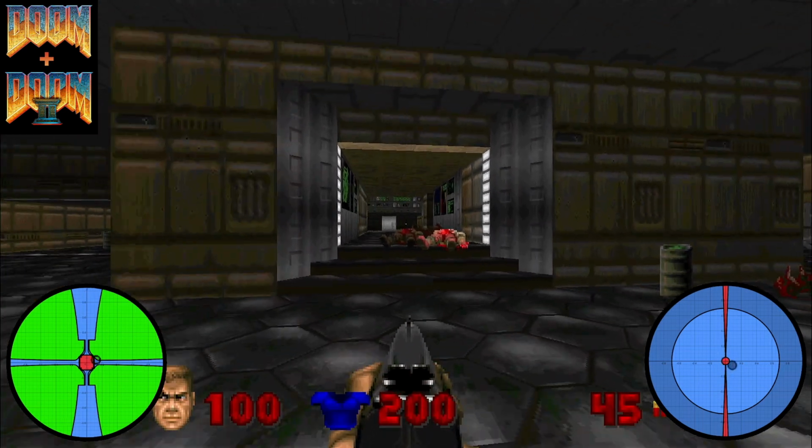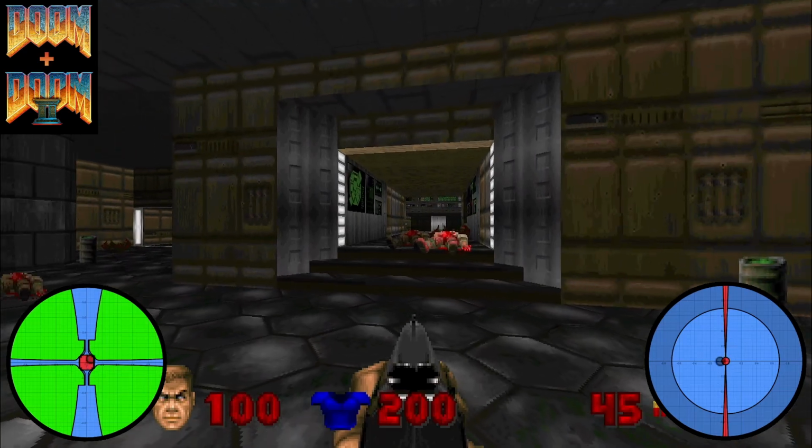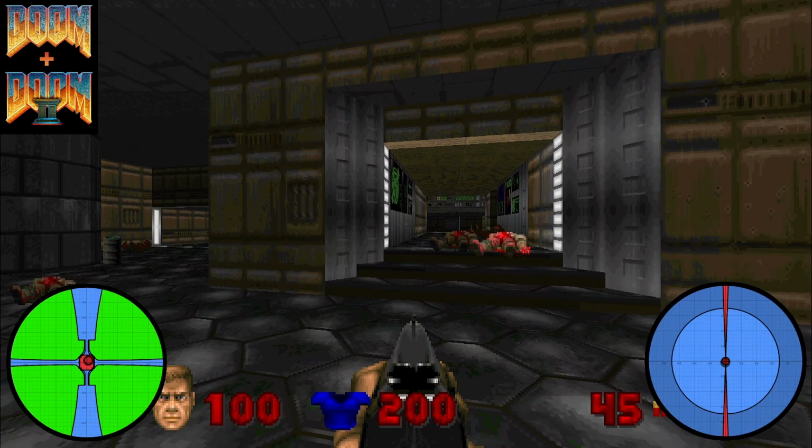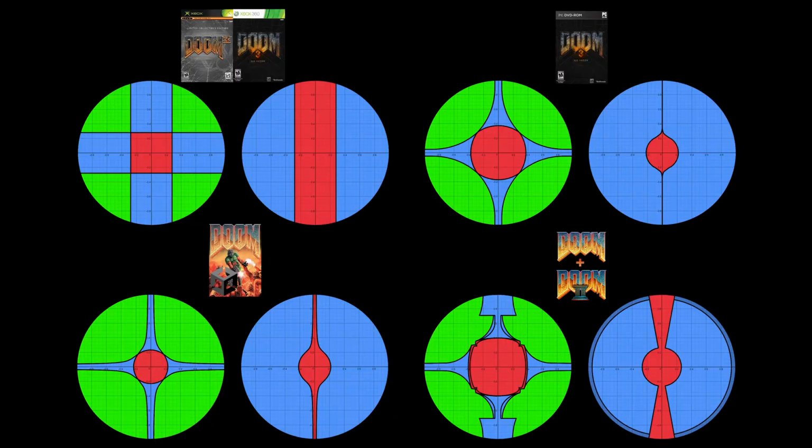So if I was to compare just the deadzones by themselves, I probably would place the Doom Unity port as the best, simply because it has the least amount of restriction.